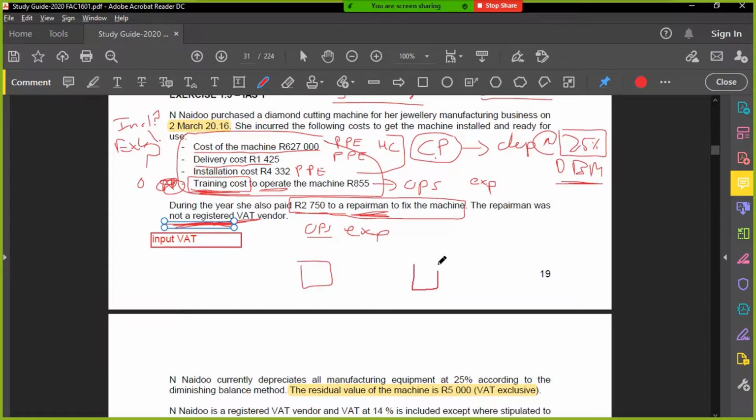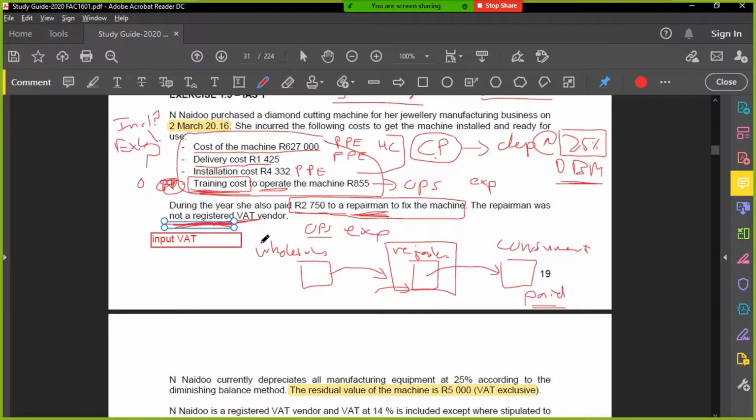Remember, SARS gets paid by who? The consumer. If this is the wholesaler and this is the retailer, output VAT for the wholesaler is input VAT for the retailer. Output VAT for the retailer is paid by the customer. So who gets to claim?